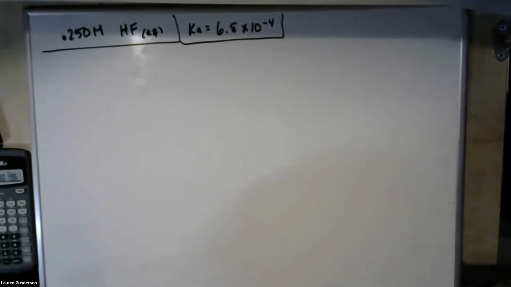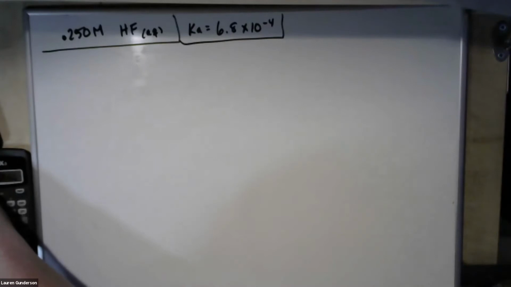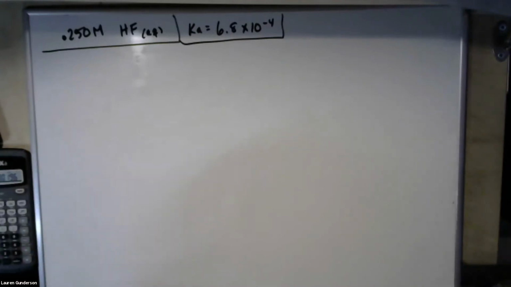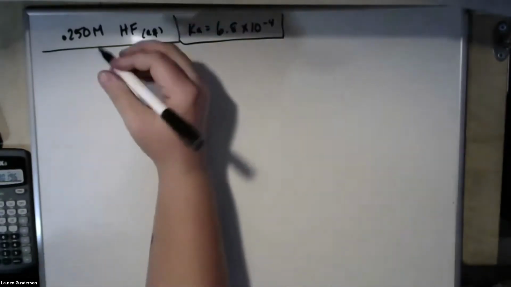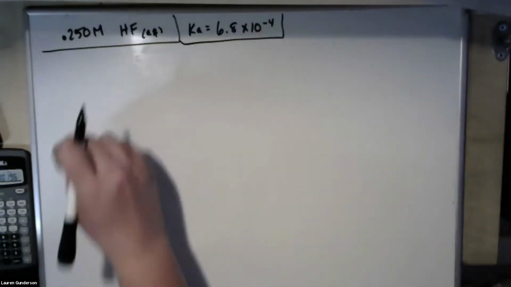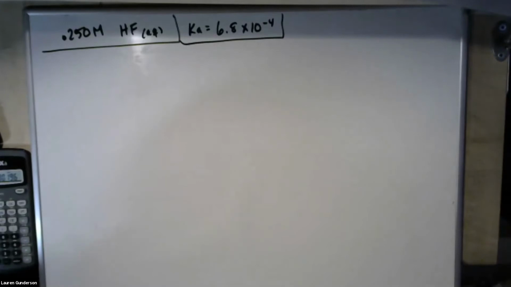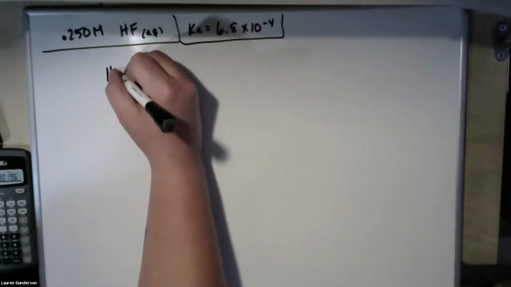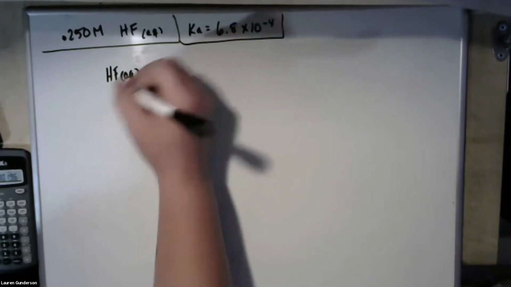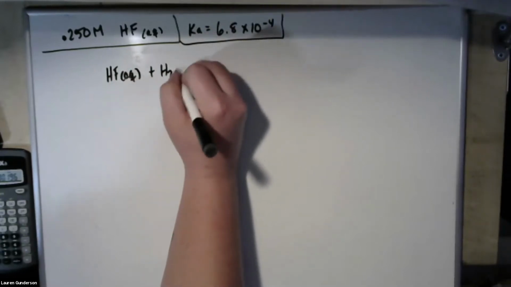Again, first steps here. We want to write out a representation of our reaction. It's important to write this out for yourself so that you have a good guideline set for your ICE table. So we have aqueous hydrofluoric acid plus water.